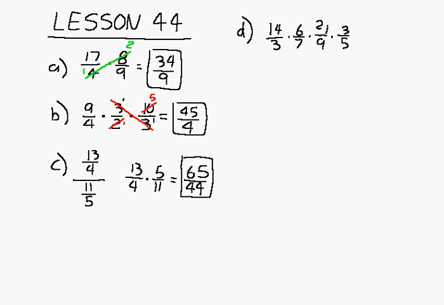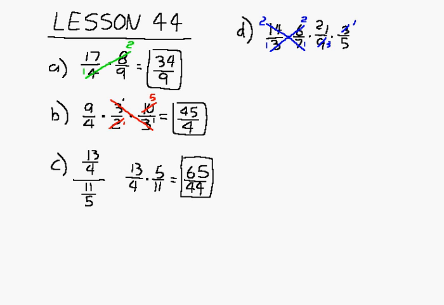Okay, let's see what we can simplify here. 6 over 3 there on the left, that's a 2 over 1. 14 over 7 is also 2 over 1. 3 over 9, that will become a 1 over 3. And that looks like it.